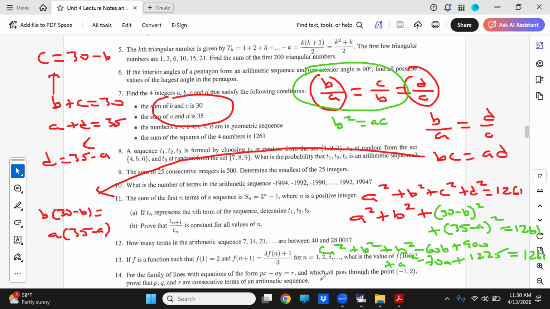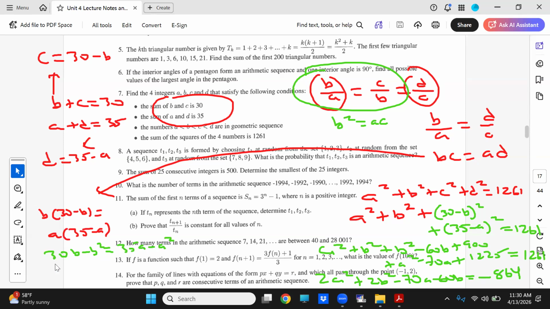Okay. So 2A squared plus 2B squared minus 70A minus 60B equals 1261 minus 1225 minus 900, which is negative 864. And if I clean this up, 30B minus B squared equals 35A minus A squared.